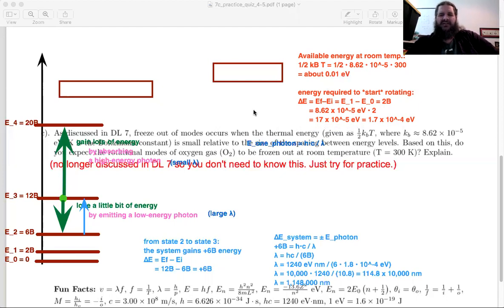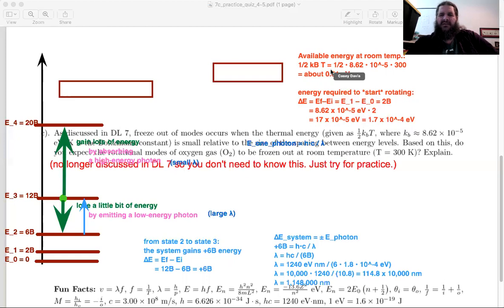Do we have enough energy to get this rotating? How does the energy we have available compare to the energy we need? Yeah, looks like the energy available, 10 to the negative 2 electron volts, is about 50 or so times as much as the energy we need, because we've got about 0.01 versus about 0.0002.